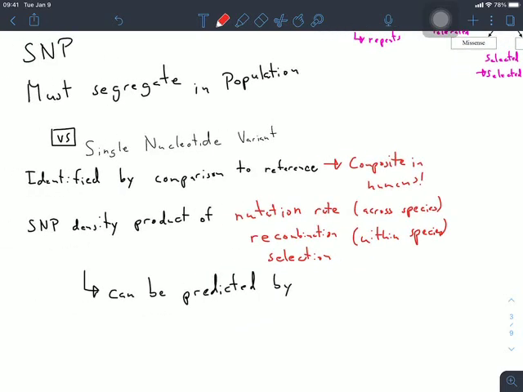Now it's also kind of cool that SNP density can be predicted by certain phenotypes of the DNA that you're looking at. Take a moment to think if you can see what kind of genetic features would predict SNP density based on what you know about regions of the genome and how they might differ.